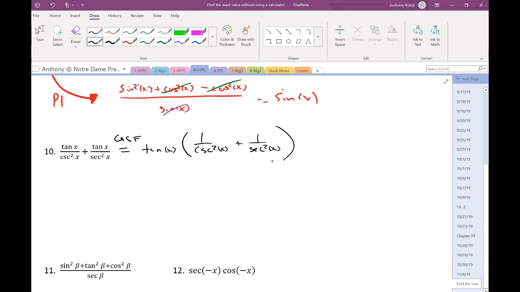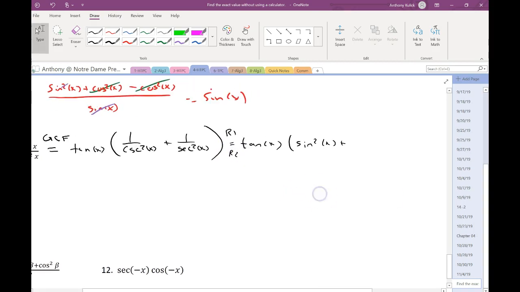And you're probably looking at me like, why in God's name would I do that? Well, what else can I write 1 over cosecant squared as? Yup. And what can I rewrite 1 over secant squared as? I can make that cosine squared.